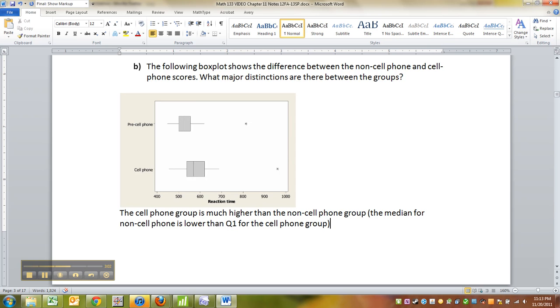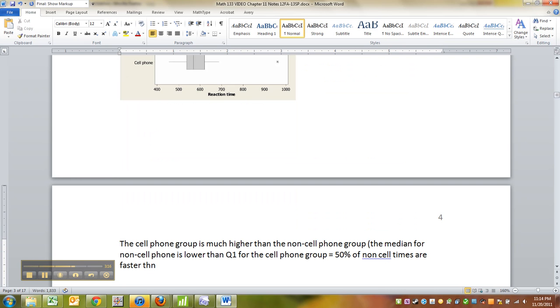Which means that 50% of the non-cell phone times were faster than 75% of cell phone times. So just think what that means. Big difference in the groups.